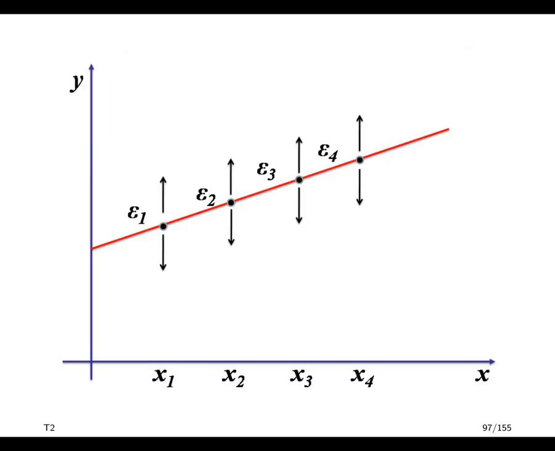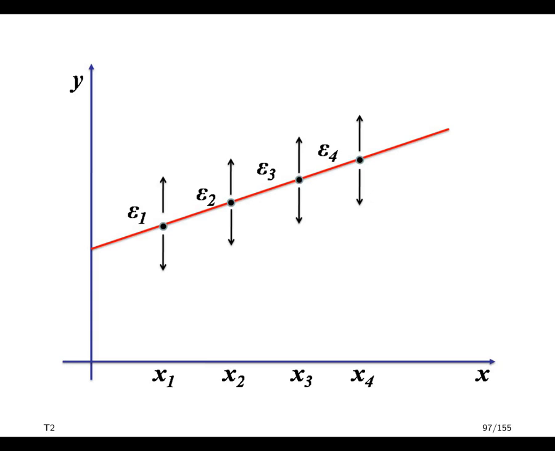We say that epsilon is the basket, the set of other things that are not x and affect y. So epsilon brings the value of y above or below what the population relation by itself will predict. If epsilon is positive, then y moves up, above the red line.